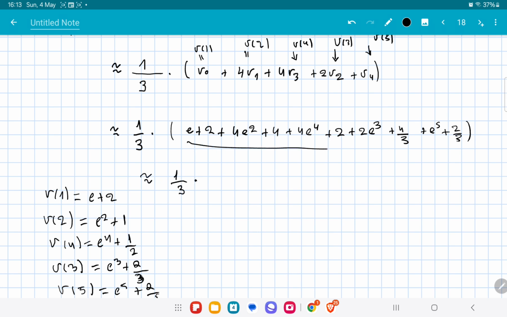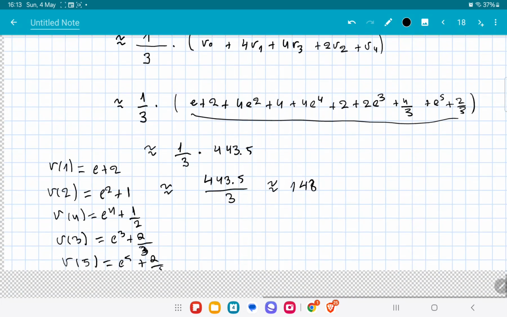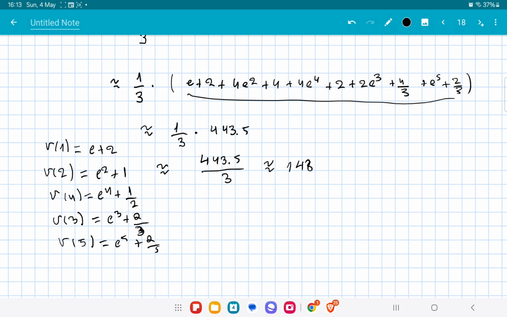This quantity inside the brackets, if you do the calculation, is going to be 443.5. 443.5 divided by 3 is roughly 148, and that is the area under the curve using the Simpson rule.